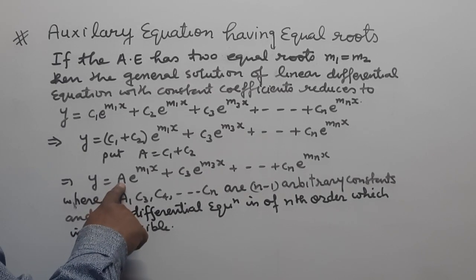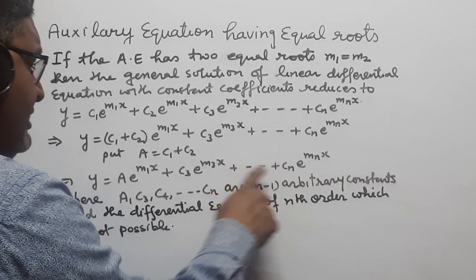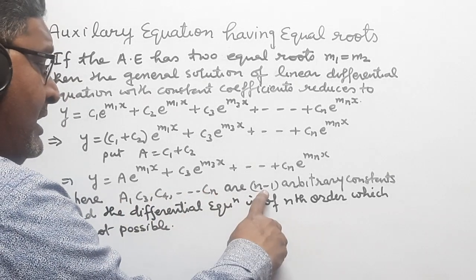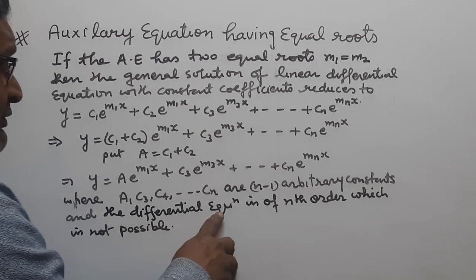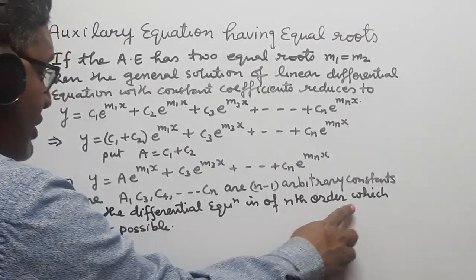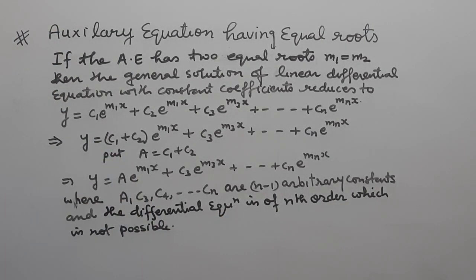Here we can see A, C3 up to Cn: there are n minus 1 arbitrary constants, and the given differential equation is of nth order. So this is not possible.